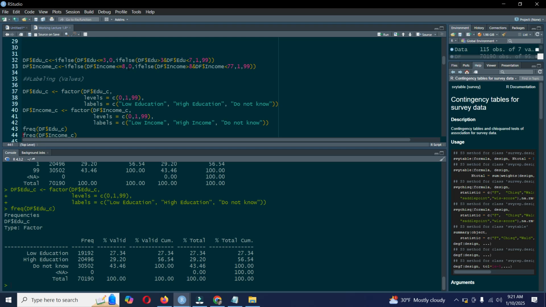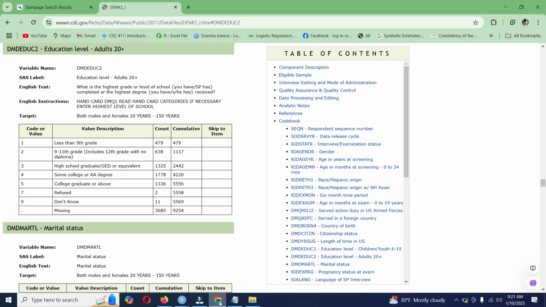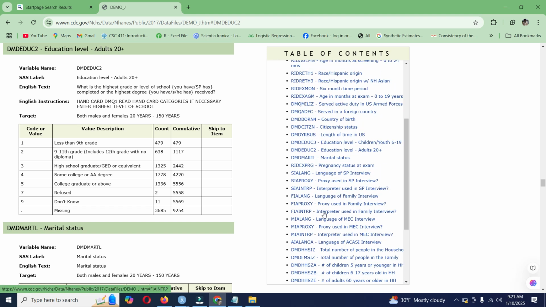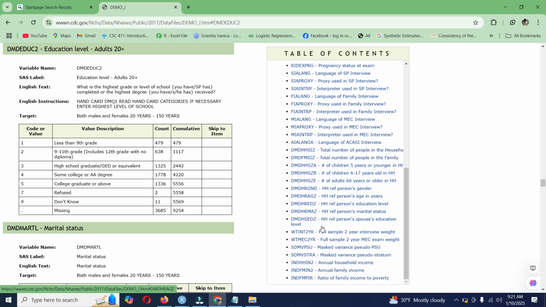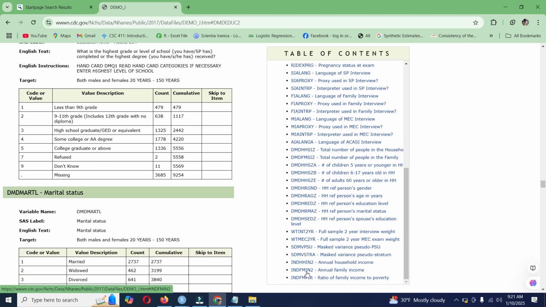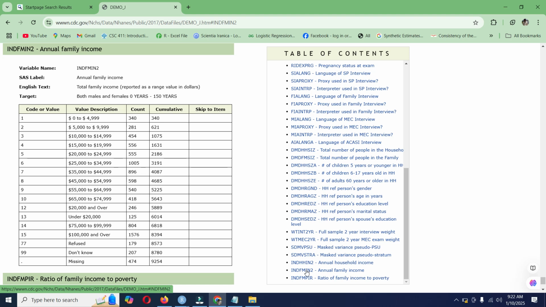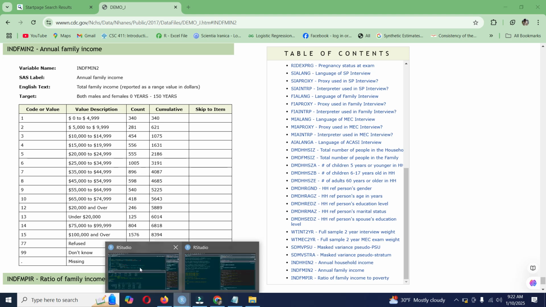And as there were 14 categories for the income. If we see in the report, for example, where is the income? This is the family's annual income. So there were 15 categories, and then 79 and 99. So I'm just converting these categories, and for below 44 and above 44 $1,000 income.